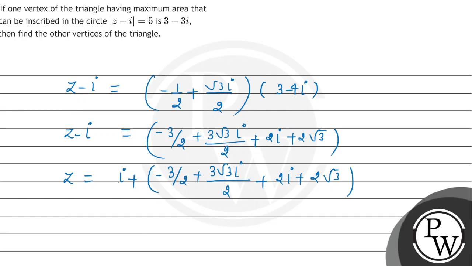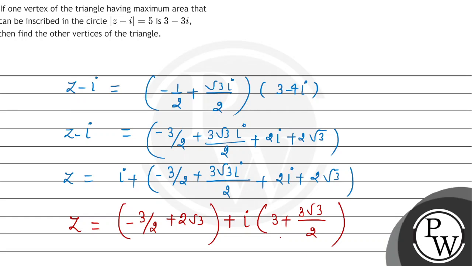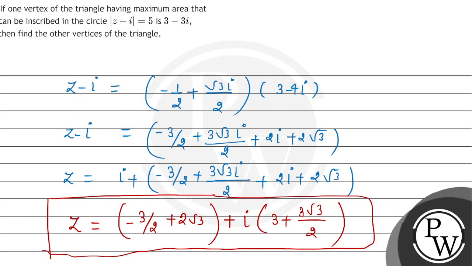After collecting the real part and imaginary part, z has real part -3/2 + 2√3, and the imaginary part is (3 + 3√3)/2. This is the solution of equation number 1.